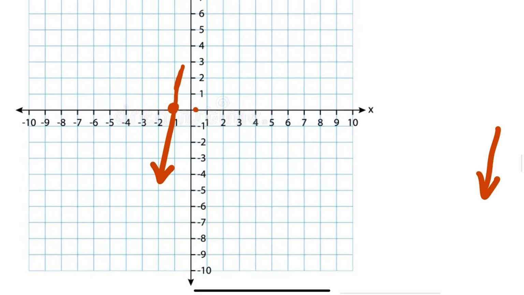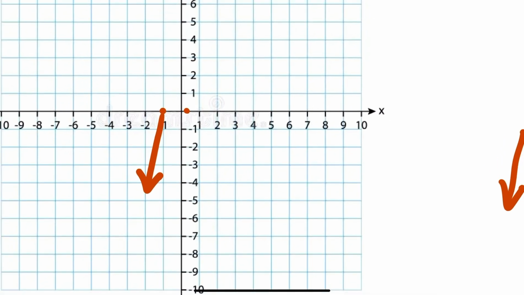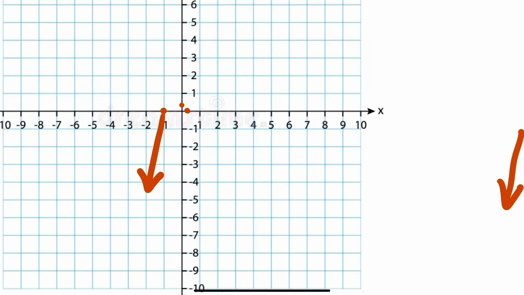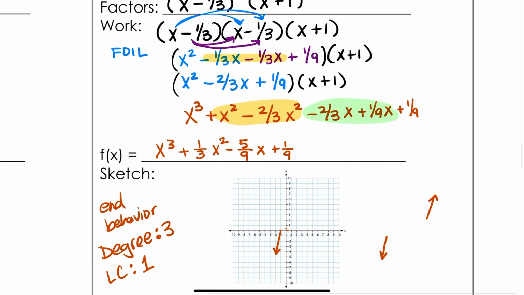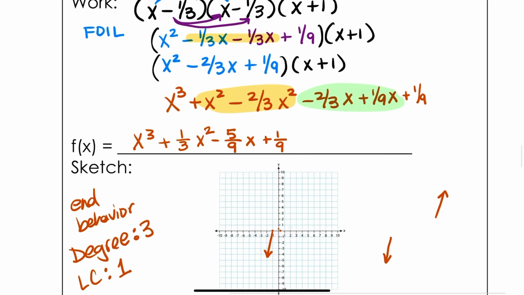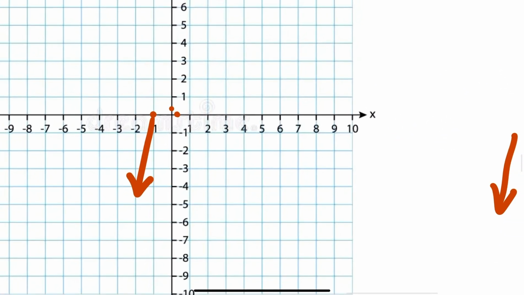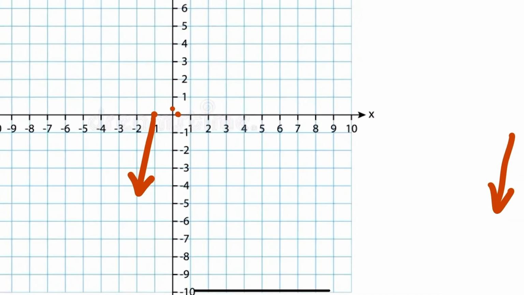So let's go back a little bit. We also know the y-intercept is positive 1/9, which is a very small number. So we're going to go up, go through that y-intercept.